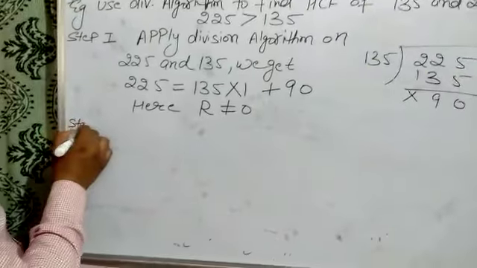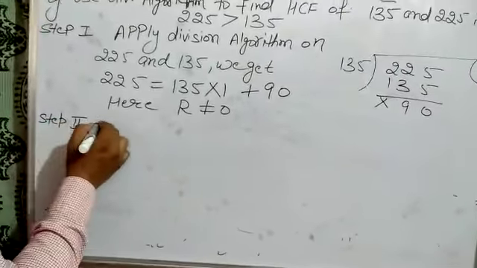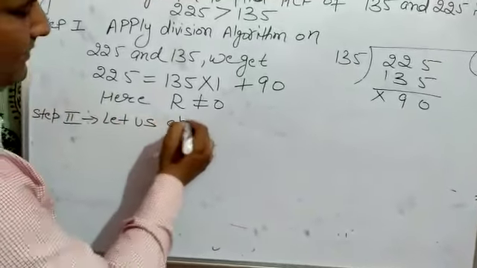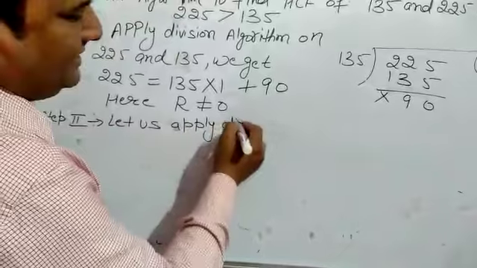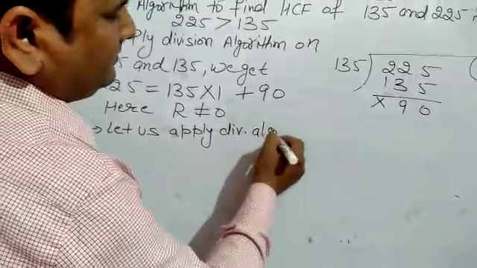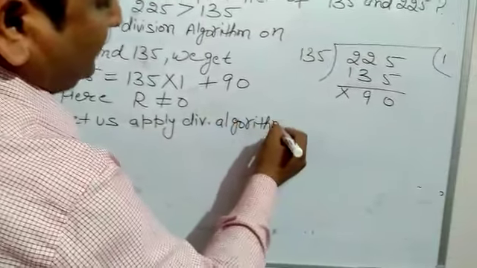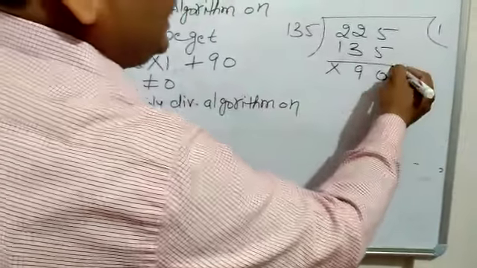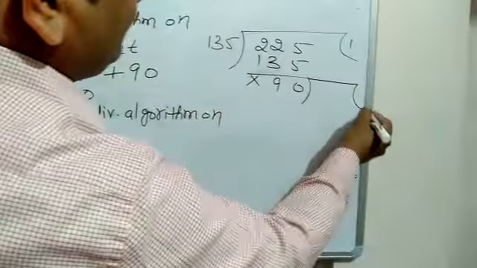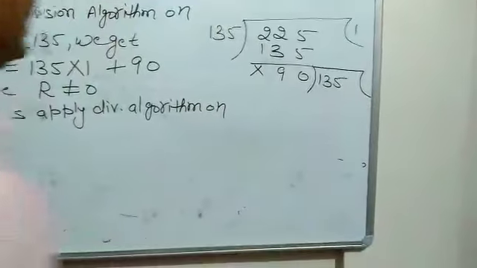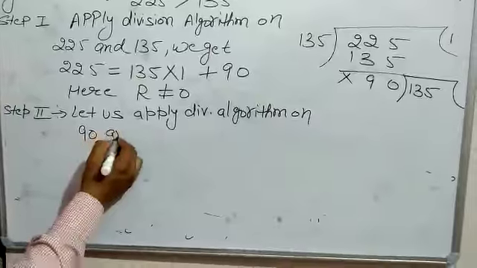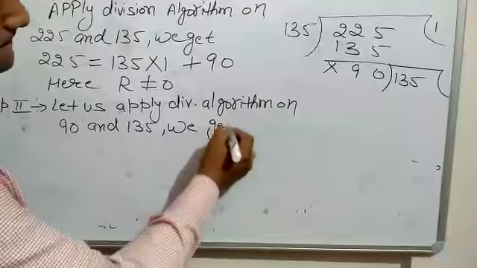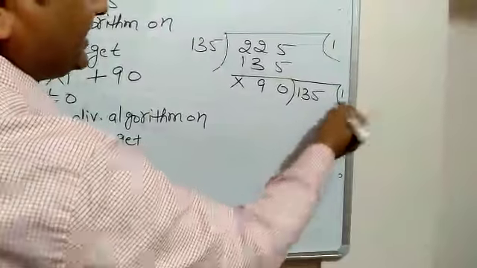Step number 2. According to the algorithm, let us apply the division algorithm on 90 and 135: 90 becomes your divisor and the previous divisor 135 becomes your dividend. 90 ones are 90.